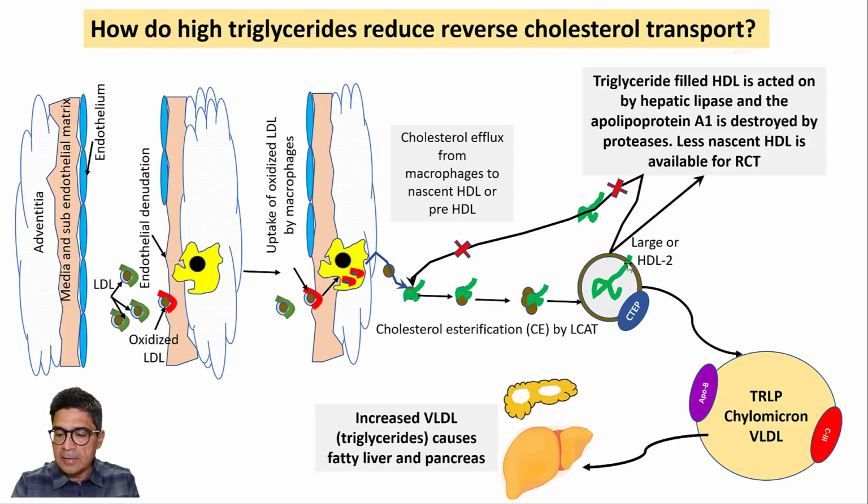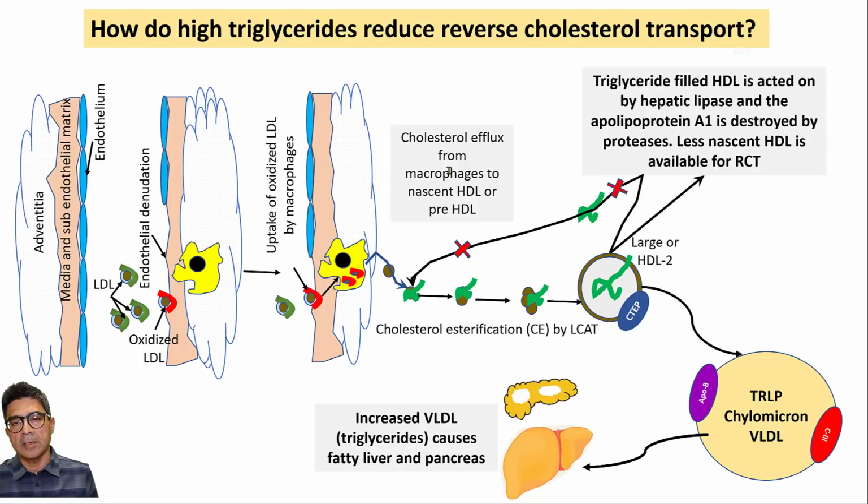And when it goes to the triglycerides, the apolipoprotein, or the protein of the HDL, is then subsequently destroyed by proteases. So in other words, it interrupts the recycling of HDL and it interrupts the reverse cholesterol transport.